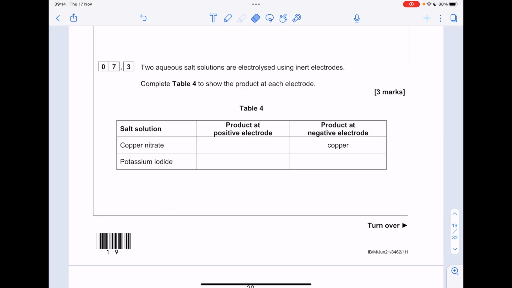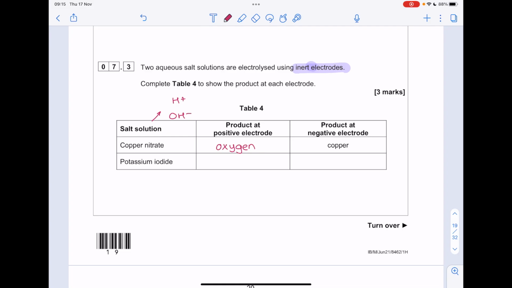2 aqueous salt solutions are electrolyzed using inert electrodes. Complete table 4 to show the product at each electrode. Now, because we've been told they're in solution, it means there's also H plus ions and OH minus. So the rule at the positive electrode is that you produce a halogen, and if there's no halogen in solution, you produce oxygen. We haven't got a halogen, we've only got nitrate.